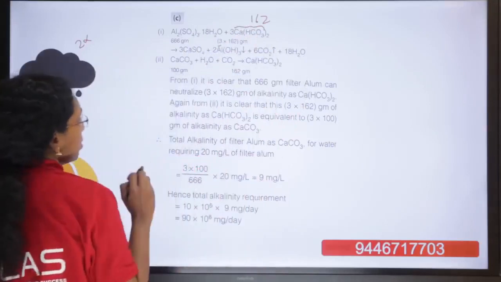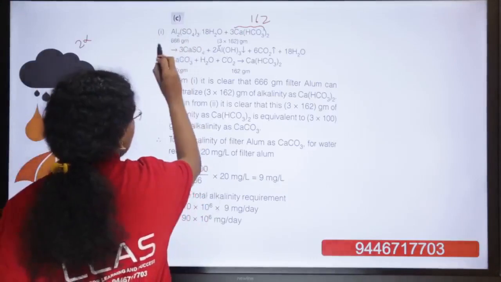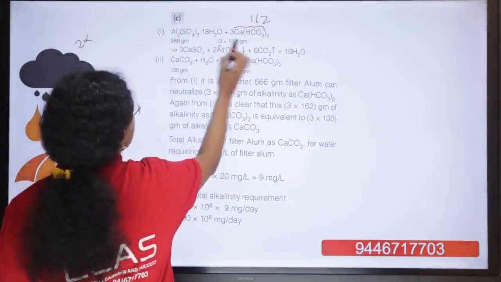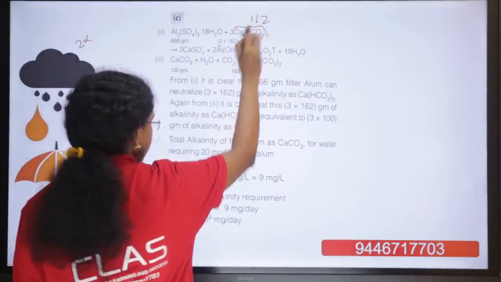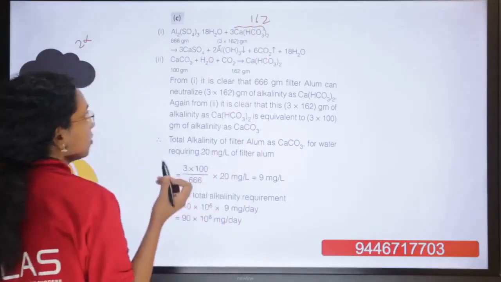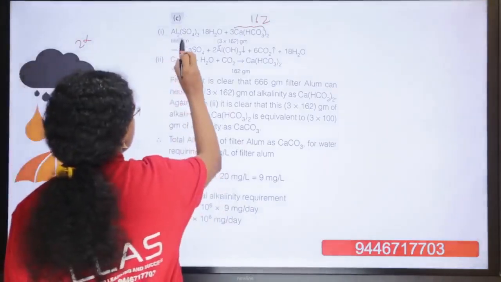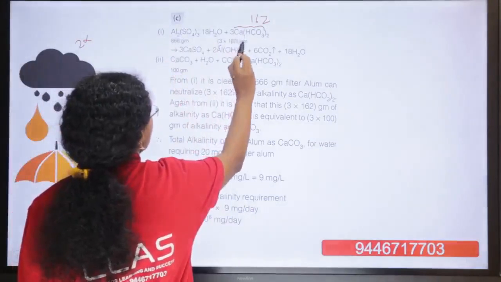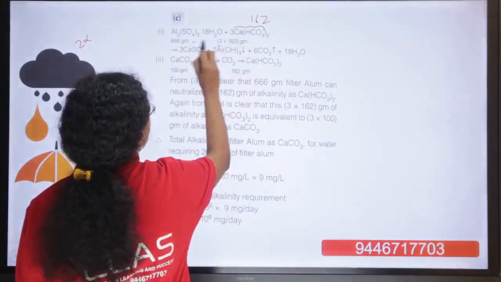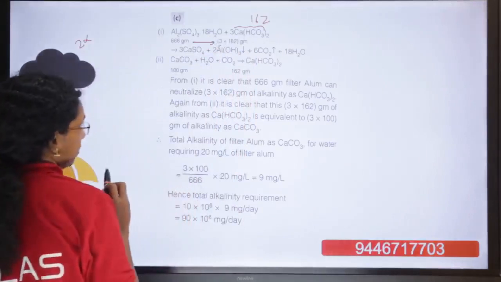So from equation 1, we can see that 666 grams of alum can neutralize 3 into 162 grams of calcium bicarbonate. This calcium bicarbonate is responsible for the alkalinity of the water sample. So 666 grams of alum requires 3 into 162 grams of calcium bicarbonate, or alkalinity.